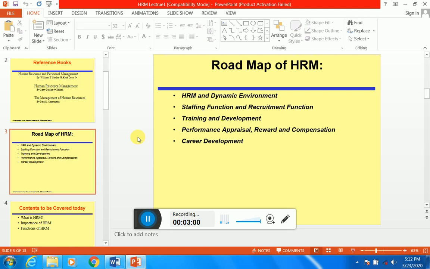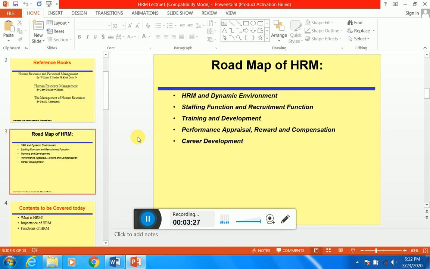After that, we will move toward the recruitment function. Recruitment is simply the process of attracting people toward the organization. What sorts of recruitment does an organization have, what types does it use, internal recruitment, external recruitment. All these things we will discuss in detail, inshallah, in the upcoming lectures.